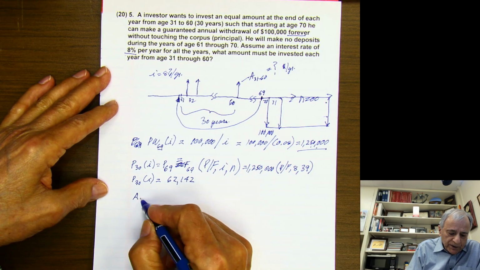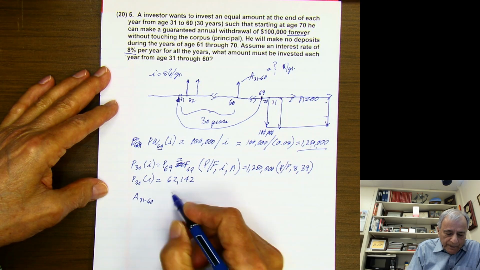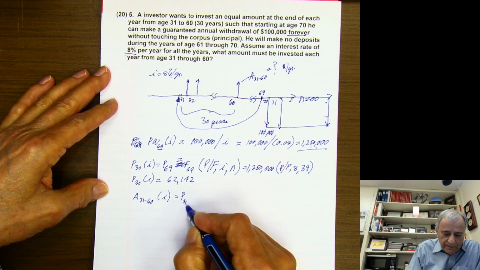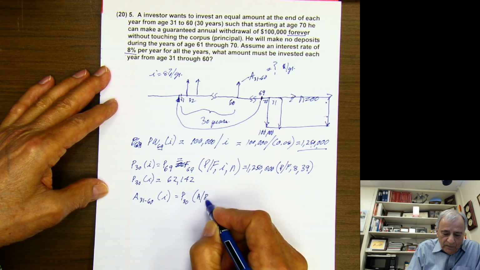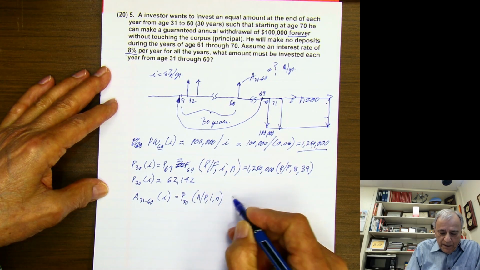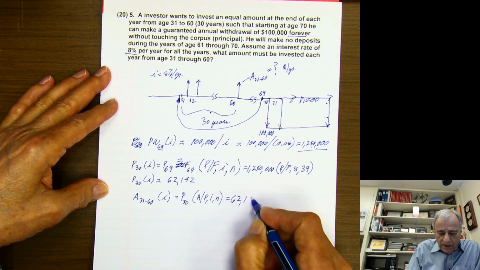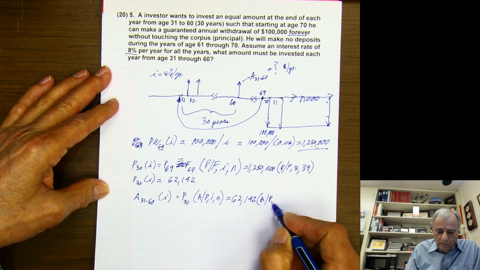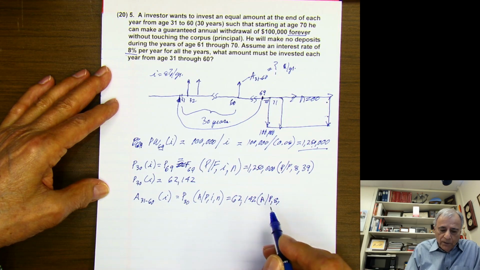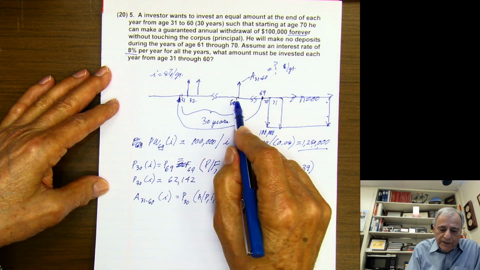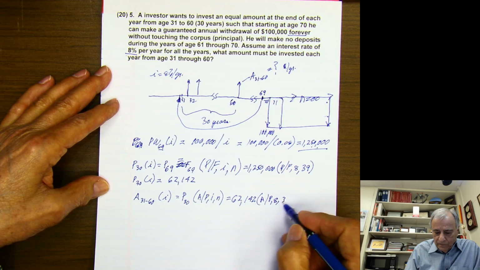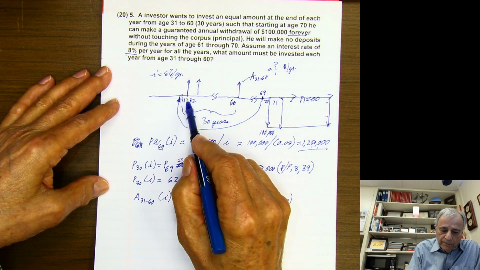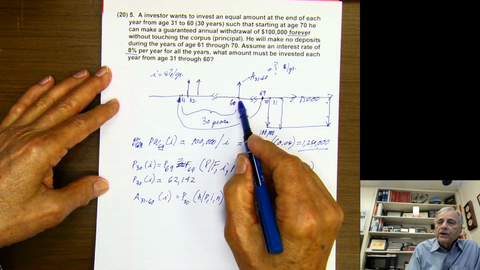A for periods 31 through 60 at rate I is equal to P at time 30, A given P, I, N, is equal to $62,142, A given P, 8% for 30 years, from time 31 through time 60.